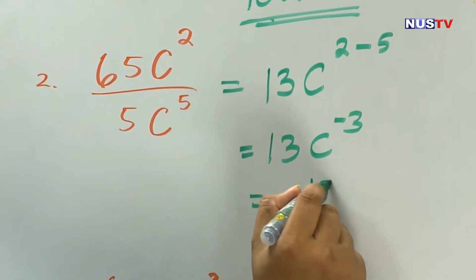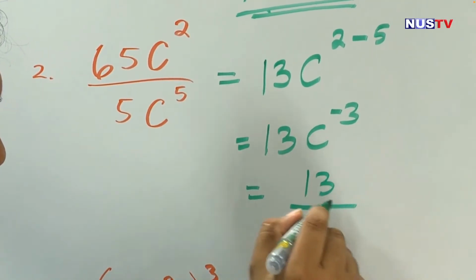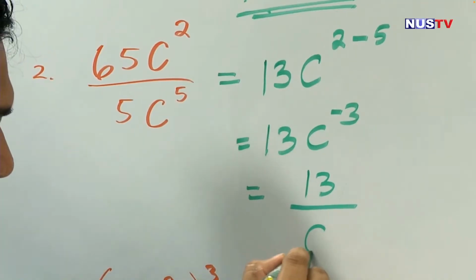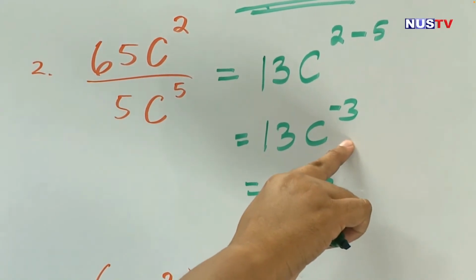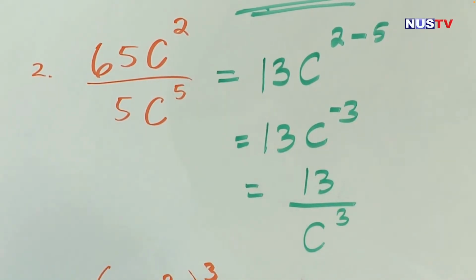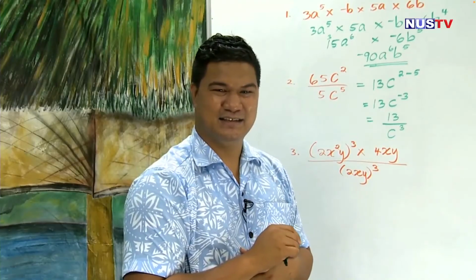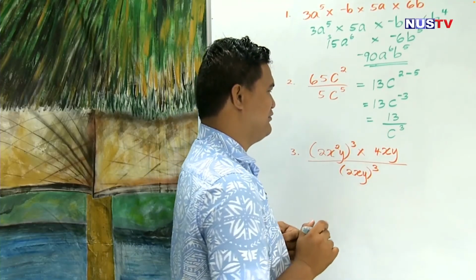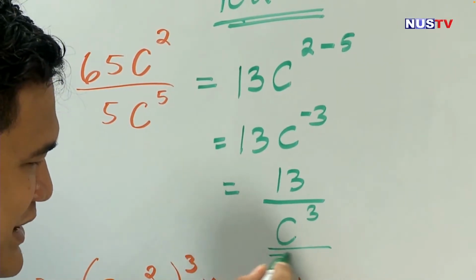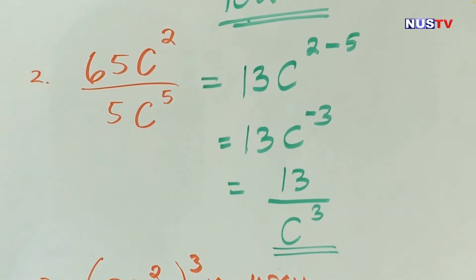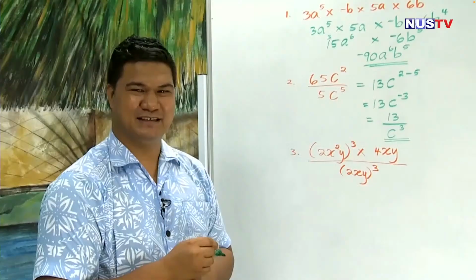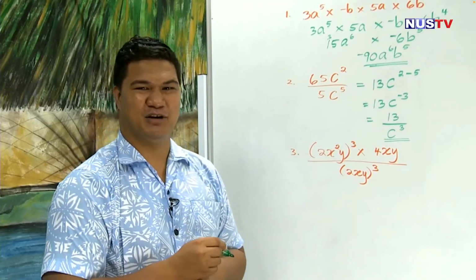So this is 13 divided by c to the power of 3. Remember, c as a numerator has a negative power. Now we're bringing it down to the denominator, so the power will be positive 3. So the answer will be 13 divided by c to the power of 3, or 13 over c to the power of 3.